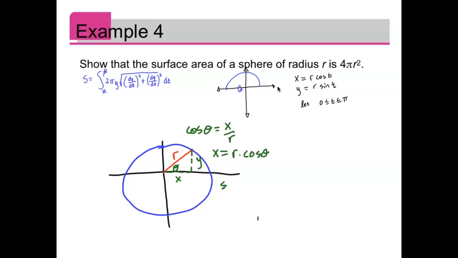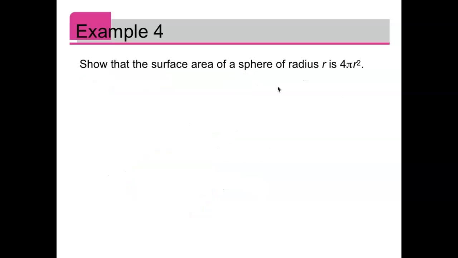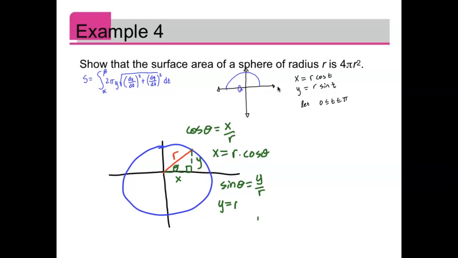And likewise, sine theta for this triangle. Sine is opposite over hypotenuse, so that's y over r. So multiply by r, and I can say that y equals r sine theta. And there you go.